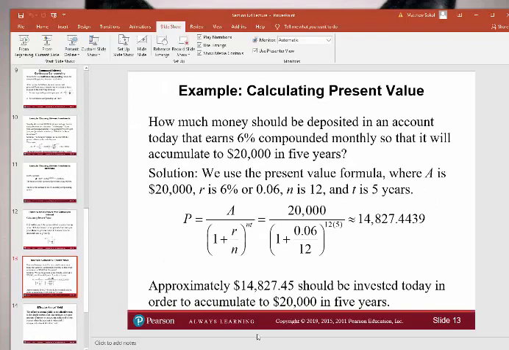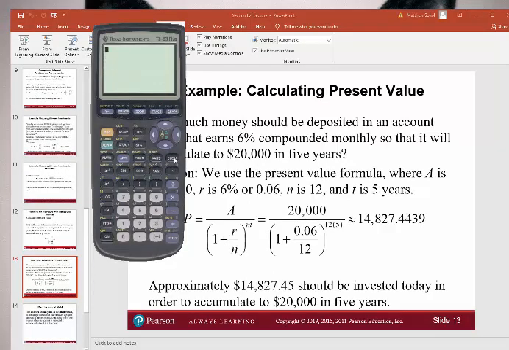And let me show you how to get this number in your calculator. So you have to be very careful here when you do this, okay? So you're going to take 20,000 that you want to have. You're going to divide that by, now in parentheses, 1 plus 0.06 divided by 12, close that parentheses, raise that to another parentheses, 12 times 5, close that parentheses, and you got $14,827.45.